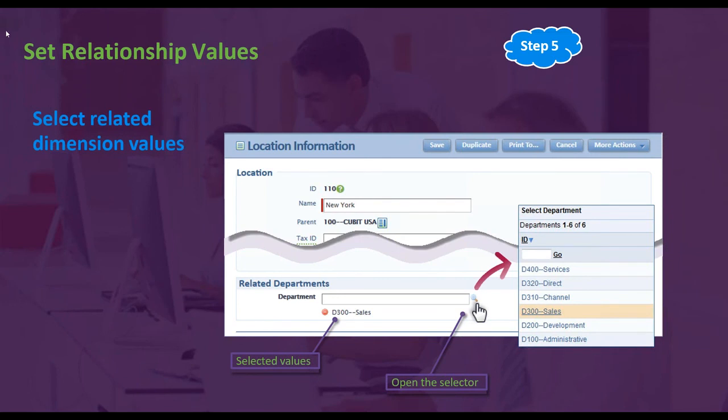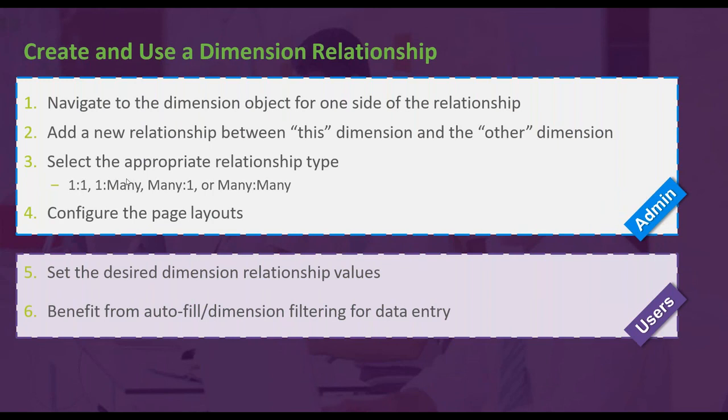Okay, so now we've seen the dimension values in play in Intacct. So let's talk about what the autofill dimension filtering will do. If we set up a dimension so that we want to allow many transaction types for many particular departments, we can change that dimension relationship to a one-to-many and allow it to fill in that department.